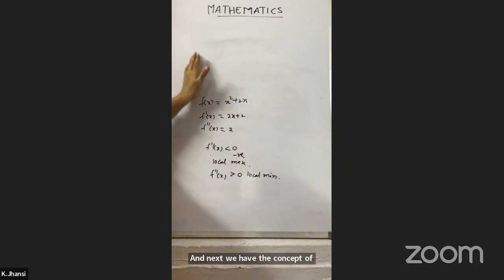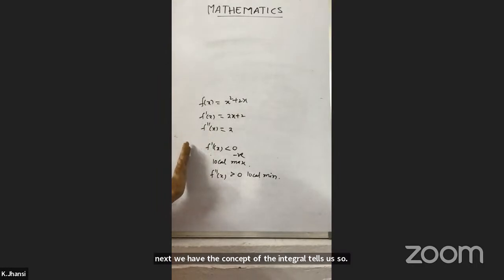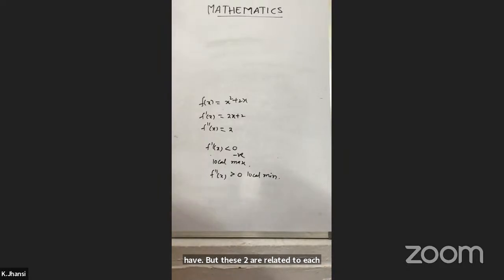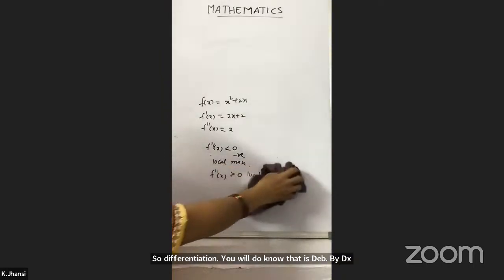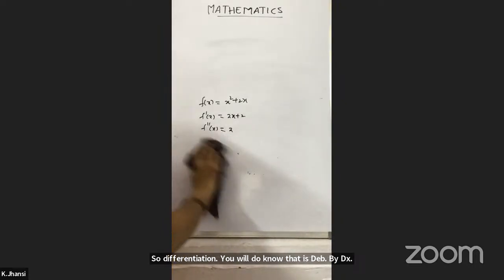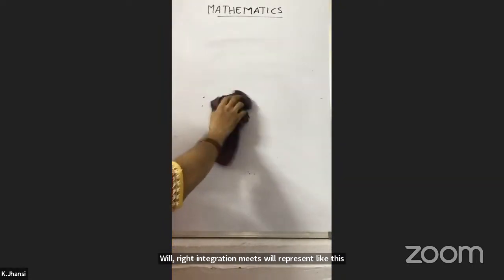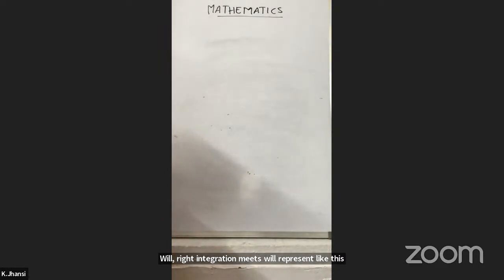So if you know the concept of differentiation, you can go to the concept of integration. So actually integration is the fourth unit you have, but these two are related to each other. That's why I'm telling you next integral calculus. So differentiation, you will write d by dx. Integration will be represented like this, as a curve.